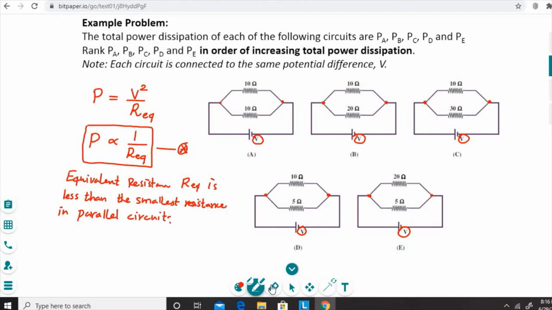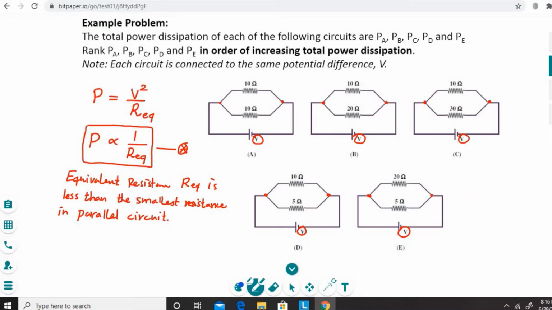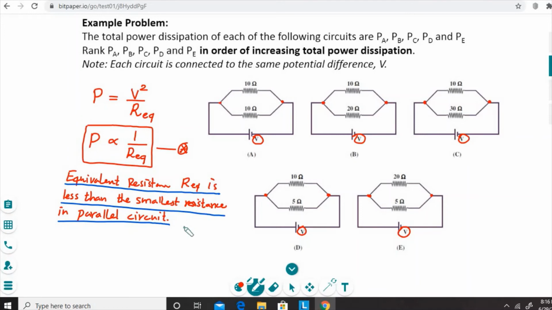So this only applies for parallel circuits. Keep that in mind. So this is the second important thing that you are going to need to solve this problem.